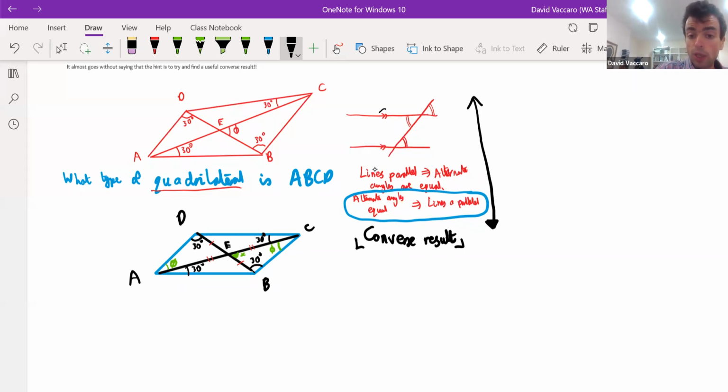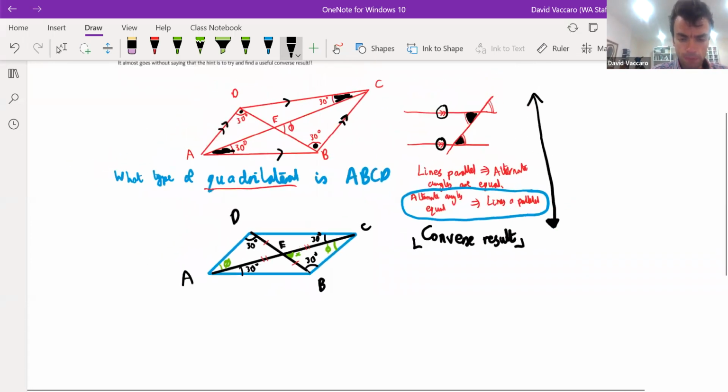Normally one is given a pair of parallel lines and says that alternate angles are equal. The key to unlocking this question is that given a pair of alternate angles, like this 30 and this 30, that allows us to conclude that the lines are parallel. And similarly, this pair of alternate angles here and here allows us to conclude that this pair of angles are equal. Okay.